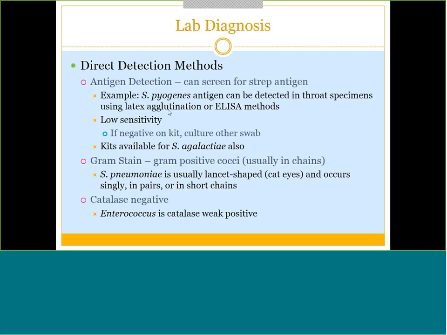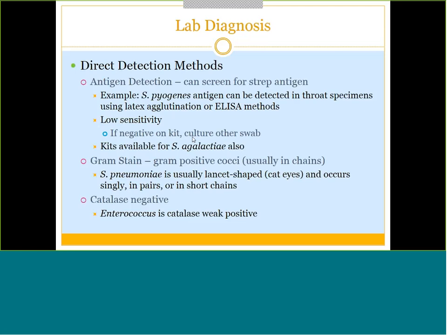If they had a negative result on that kit, we will still culture the other swab. Usually when somebody gets their throat swabbed, we're using two swabs. We'll put one of those swabs in the kit and test it, and if it was a negative test result, we'll take the other swab and streak it out on an agar plate, a blood agar, and put that in the incubator.